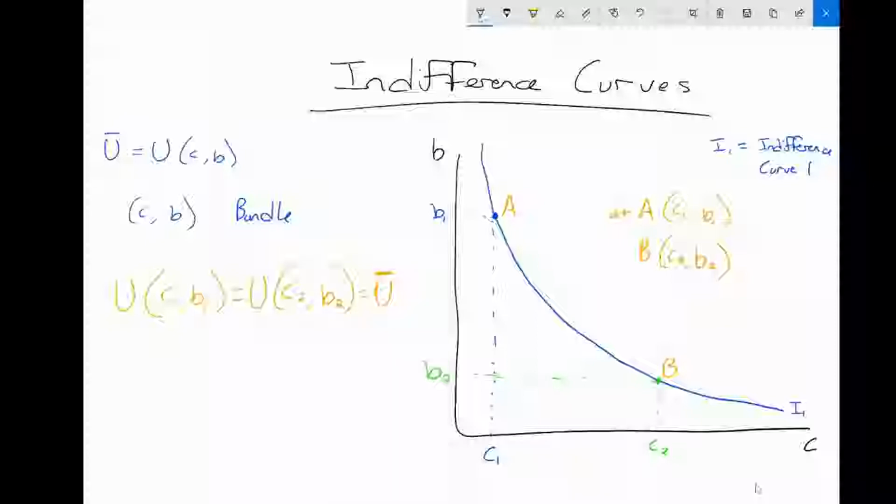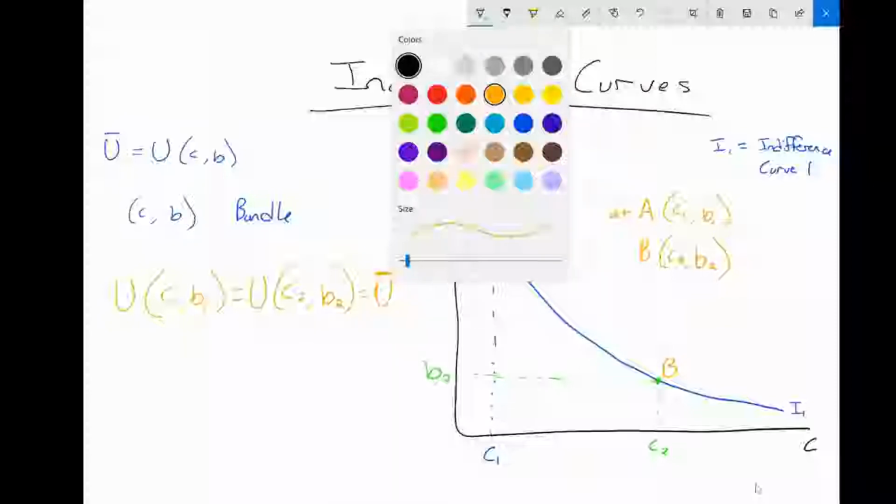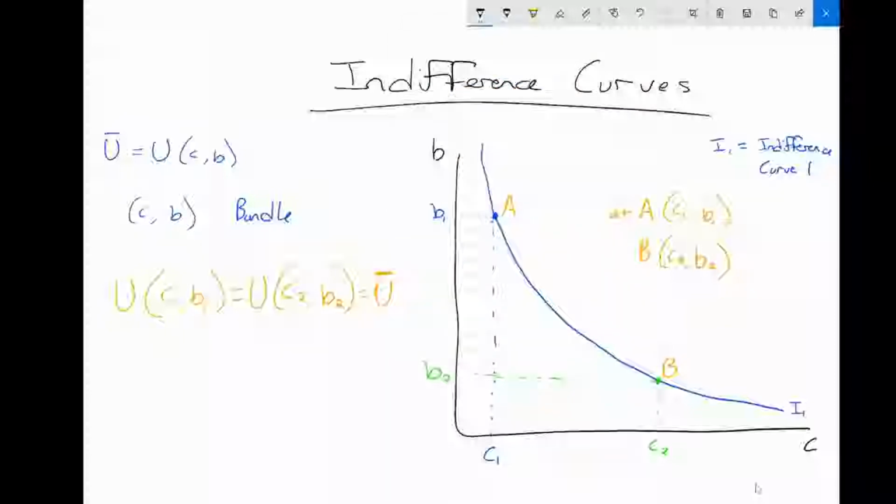Now let's imagine we have a utility function. In the last lecture I mentioned a couple different utility functions that have the necessary characteristics. So let's say our utility function of c and b was equal to the square root of c times b.